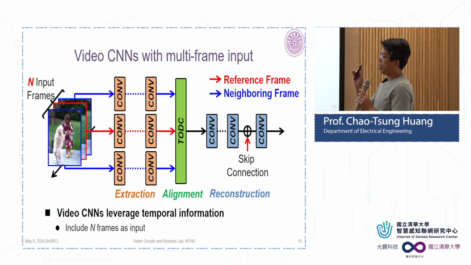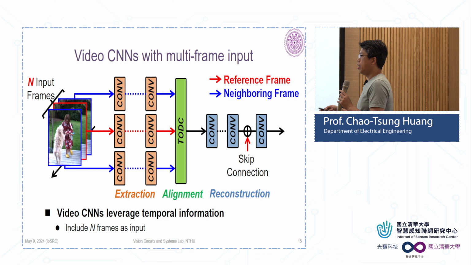But when we apply this kind of CNNs to generate videos, the temporal information between different frames is not leveraged in this kind of single image network. So for the VISTA accelerator, we aim to support video CNNs to leverage temporal information.